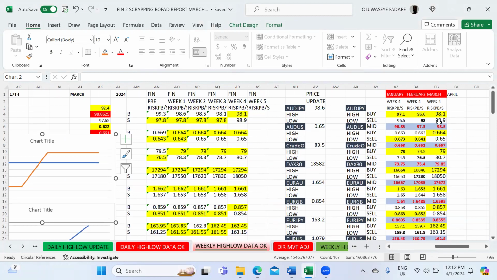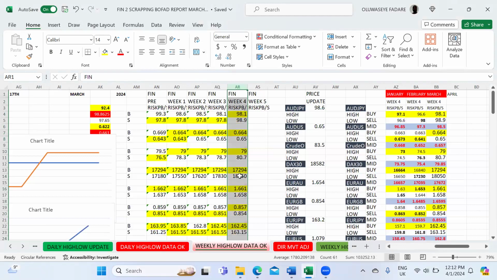And like I said earlier, we copy all the updates, so our ending results will always be on this side of the report, to be able to follow the growth and the move of the market.